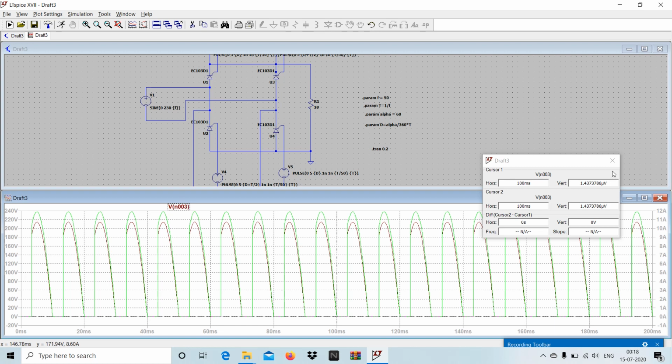Yes, it's showing clearly. You can see here the frequency is also changing.